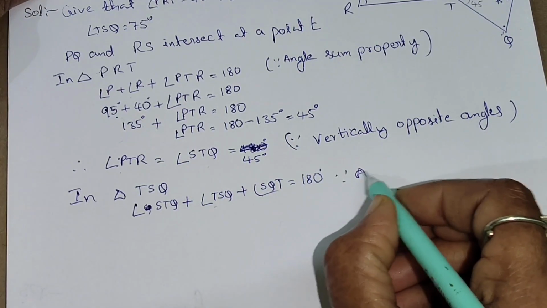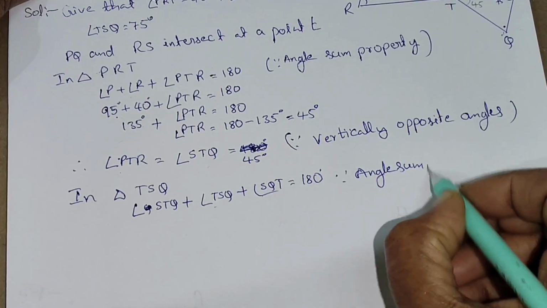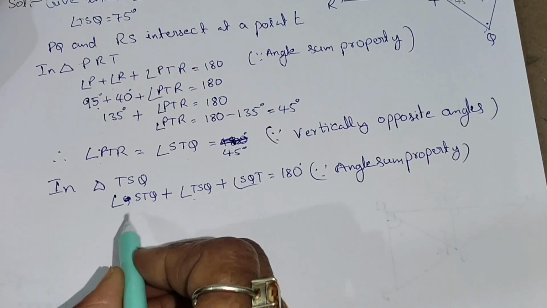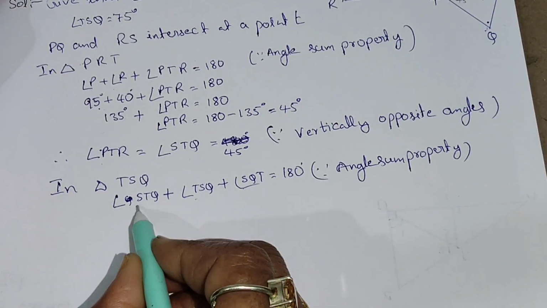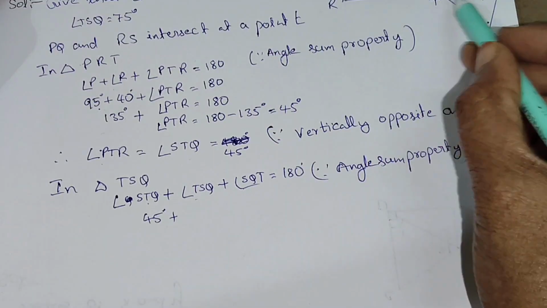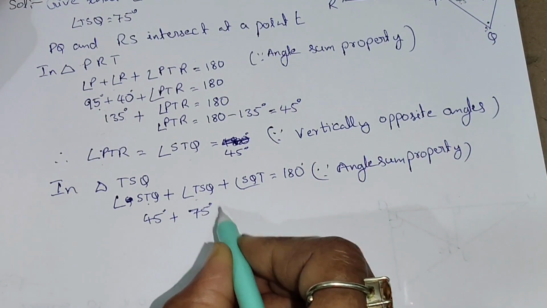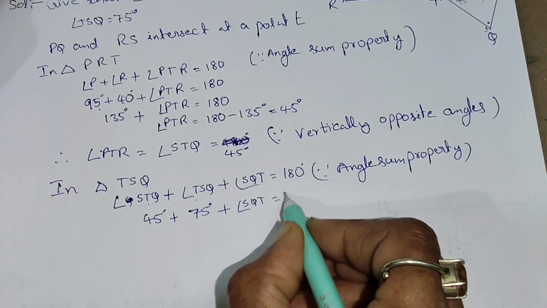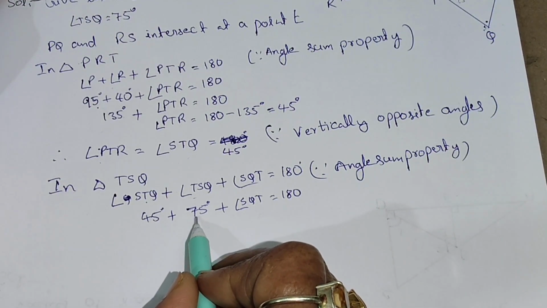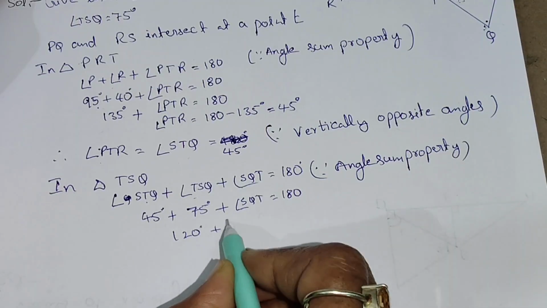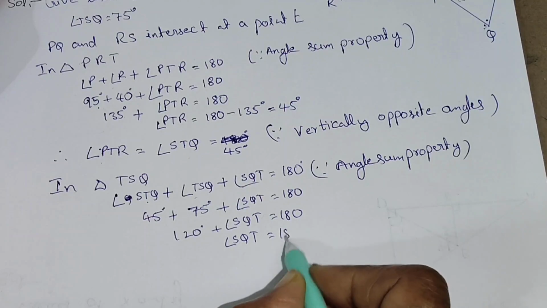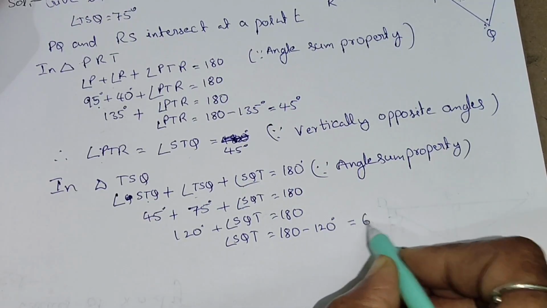So STQ is 45 degrees, plus TSQ is 75 degrees, plus SQT is equal to 180. 45 plus 75 is 120 degrees, plus SQT equals 180. So SQT equals 180 minus 120, which is 60 degrees. Therefore angle SQT is equal to 60 degrees.